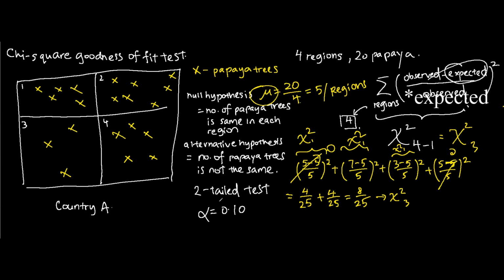All right, so we put alpha equal to 0.10, but because it's a two-tailed test, if we were to look at the distribution itself, it's actually something like this. Here would be 0.05, and here would be just 0.05. So we are only looking at alpha equal to 0.05.